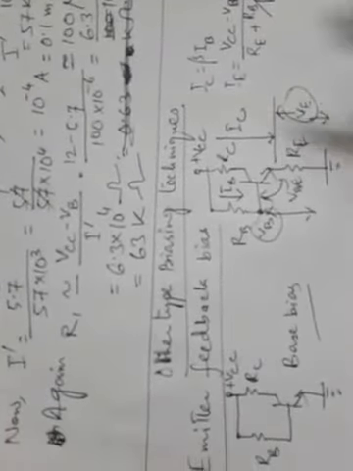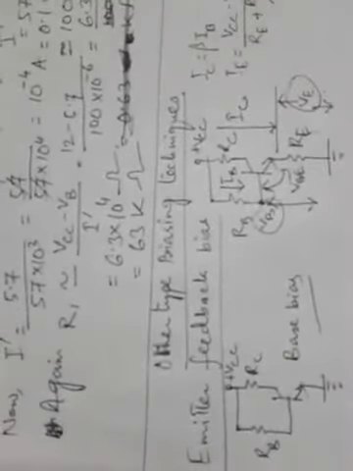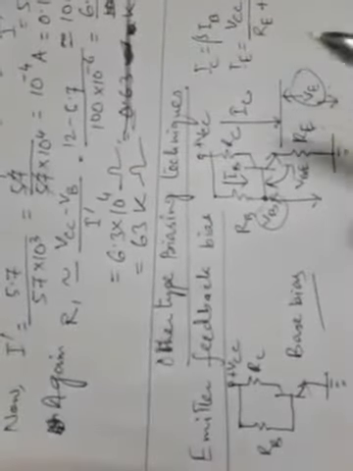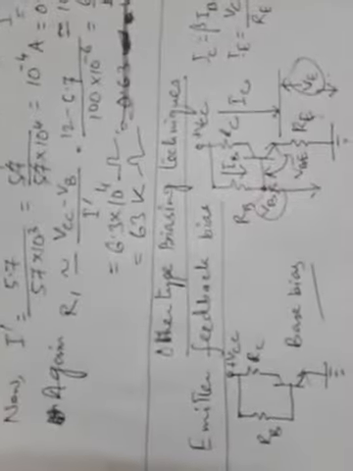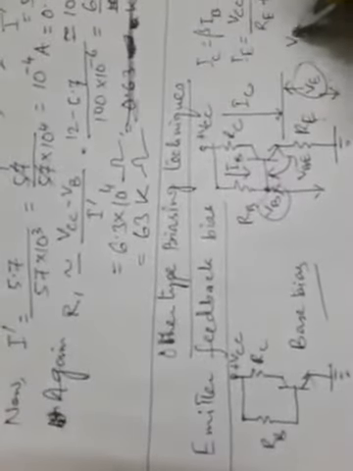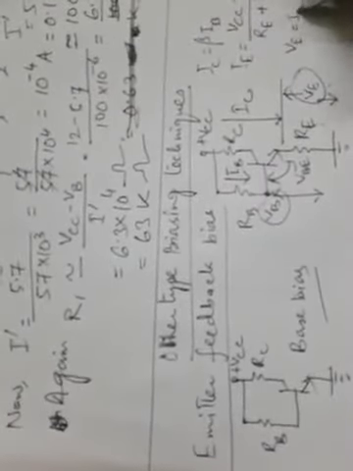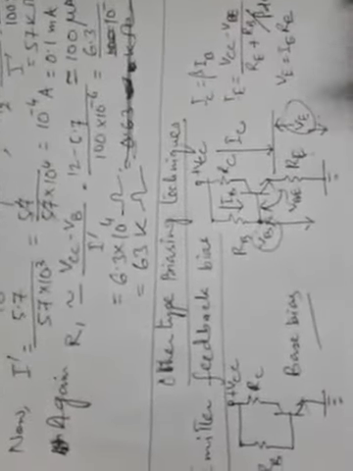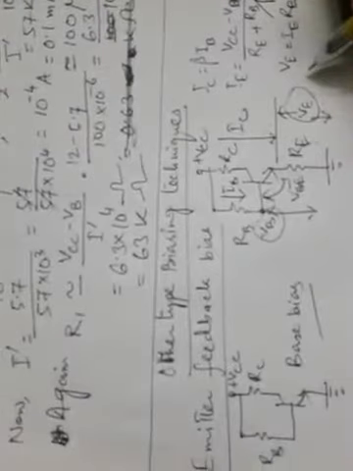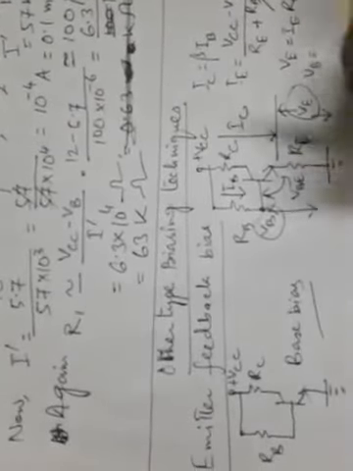So this IE can be found by VCC, the whole voltage across all, minus VBE divided by RE plus RB by beta DC. The second equation is VE equal to IE times RE. The detailed derivation is not required, only the equations you need to remember.